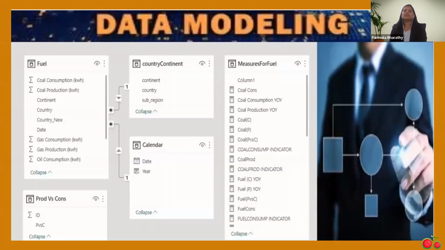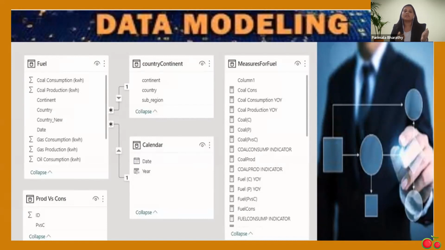For my project, I converted a data set containing data on coal, oil, and gas production and consumption from cubic meters and tons to kilowatt hour for standardized energy measurement. Then I created a calendar table for time series analysis, and a measure table to store all the relevant measures needed for the analysis.